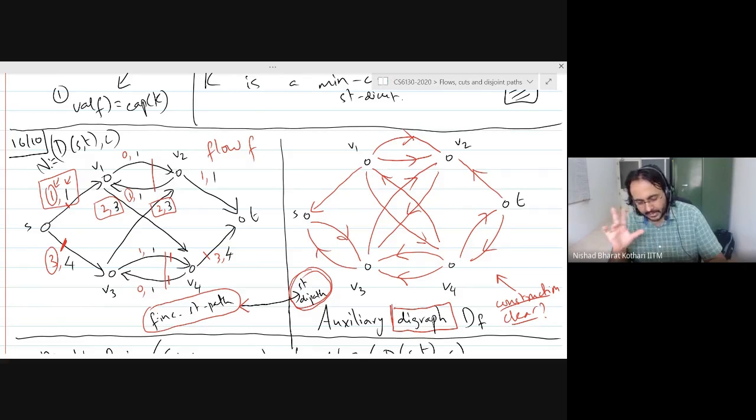So the intuitive understanding is if an arc is already at full capacity, let's say from U to V, so U is the tail and V is the head, then you cannot push any more flow on that arc. So you will not put the arc UV in the auxiliary graph. But because the flow is greater than 0, you can pull back that flow.